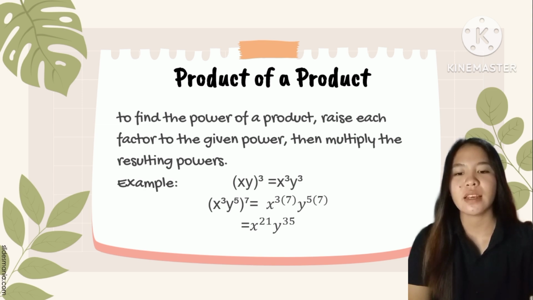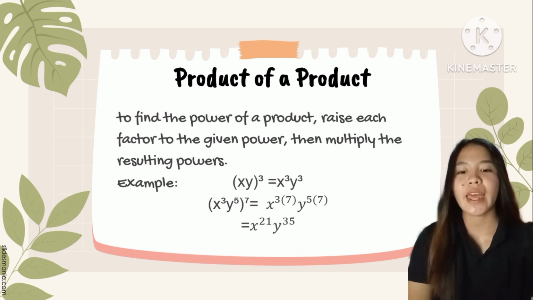And next, we have x cubed y raised to 5, raised to 7, so we substitute the exponent. We have x raised to 3 times 7 and y raised to 5 times 7. So we got x raised to 21, because 3 times 7 is 21, and y raised to 35, because 5 times 7 is 35.